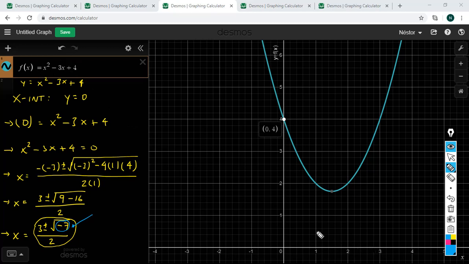Since I told you before that these are the only types of numbers that we are using at this point, we say that this function does not have x-intercepts. And that's clear from the graph. It never crosses the x-axis, and analytically this is what you would get.